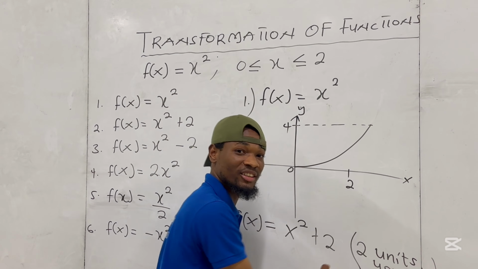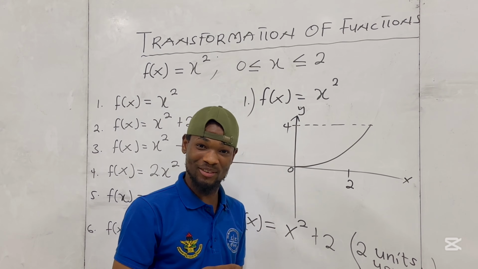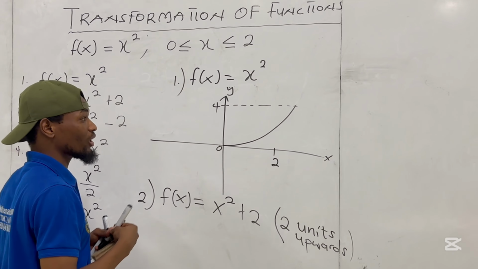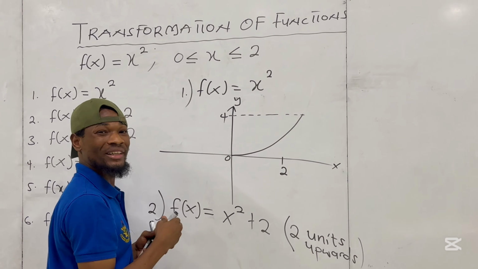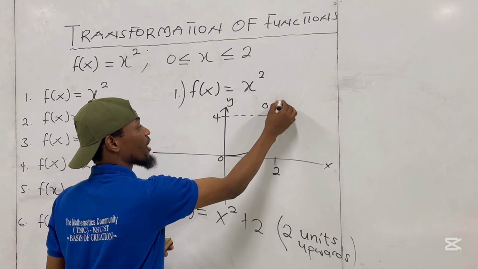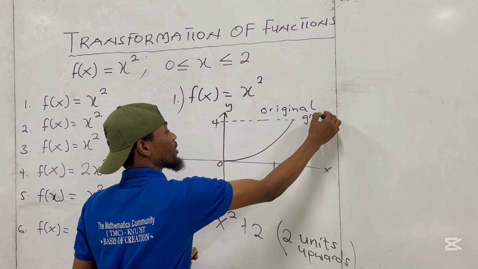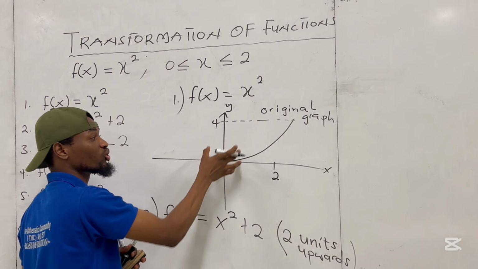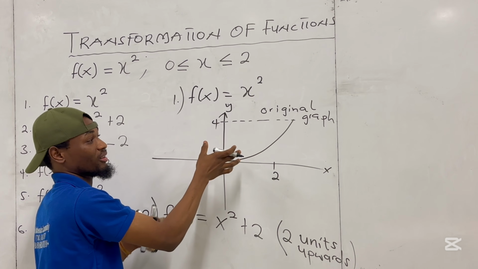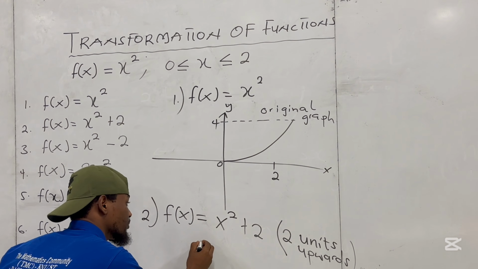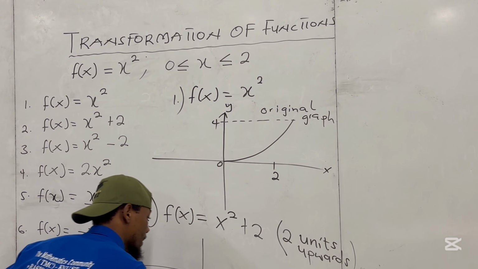I've dealt with this in detail. Let me call this the original graph. So this is the original graph. I'm going to use this as my reference. So from here, the same thing, I have it this way.